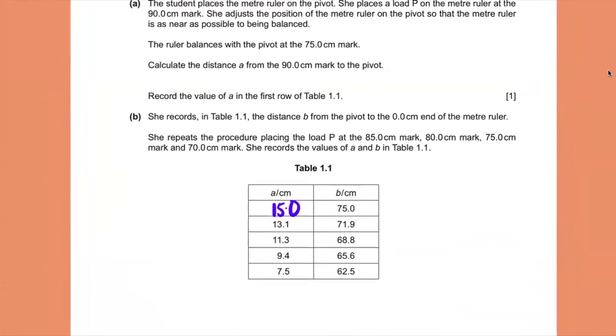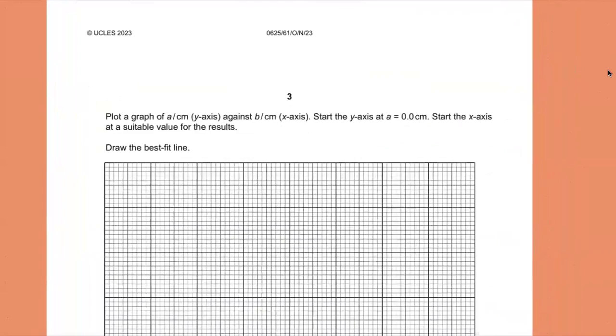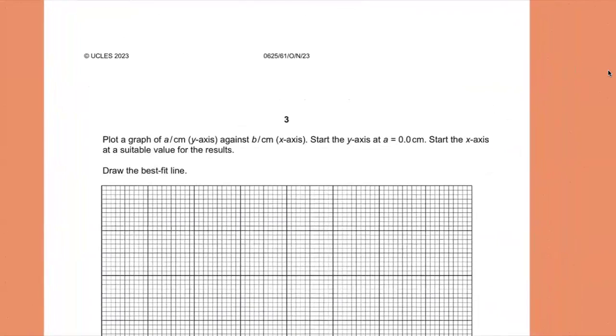She records in table 1.1 the distance B from the pivot to the 0.0 cm end of the meter ruler. She repeats the procedure by placing the loads at different values. This is exactly what was happening there as well. And also in this case, you are supposed to draw a graph as you were supposed to do there.